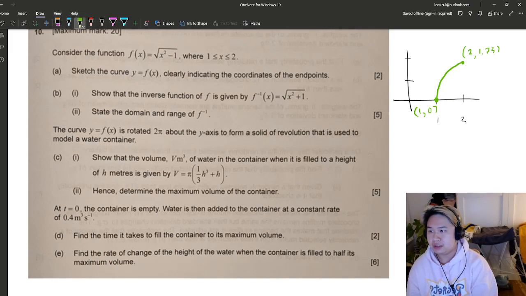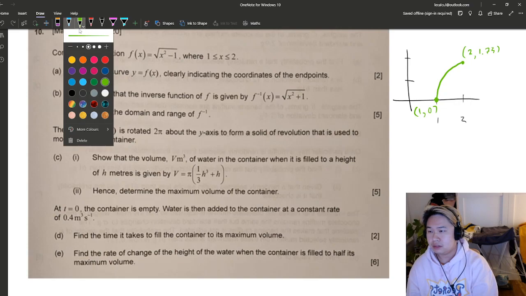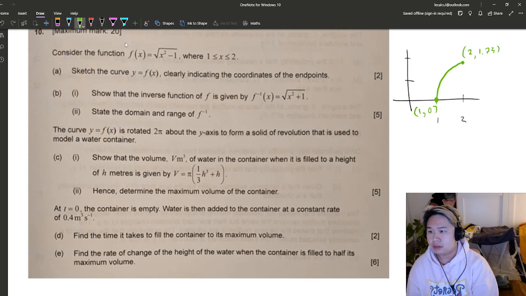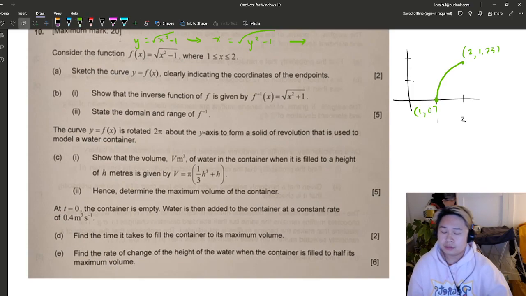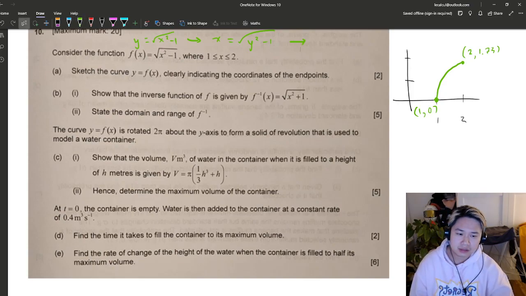Algebraically find the inverse. So this is y, and then we switch x and y. Can you guys see that color against that?